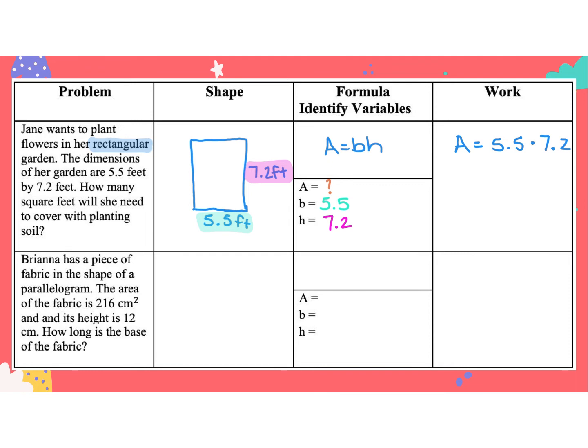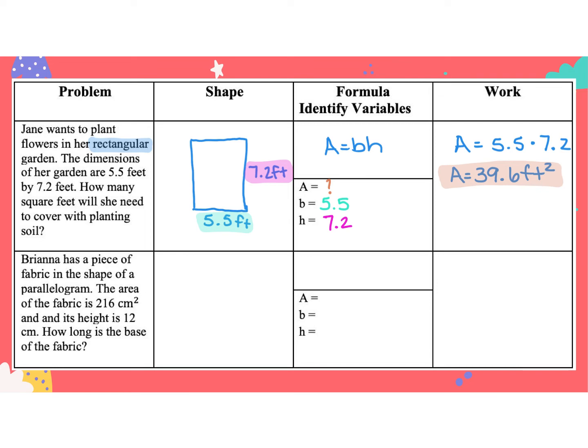When we multiply these two numbers together, we find that our area equals 39 6/10 feet squared. So Jane will need to cover 39 6/10 square feet with planting soil.